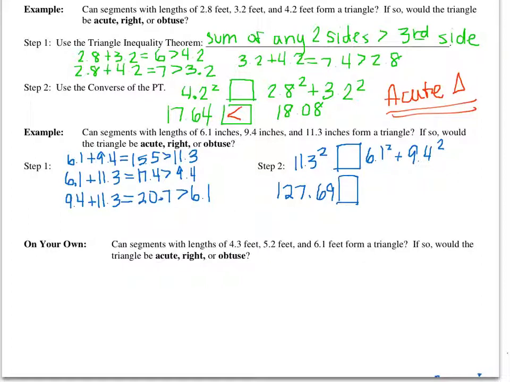We're looking for our sign there. 6.1 squared plus 9.4 squared, if you put that in your calculator, you get 125.57. So the sign that would go in there, 127.69, is definitely greater than 125.57. Since it's a greater than sign, we know we have an obtuse triangle.